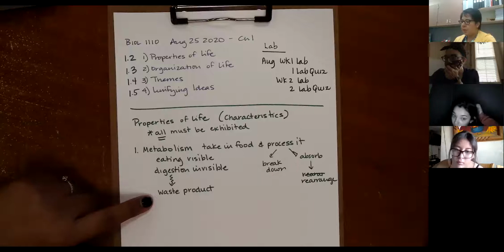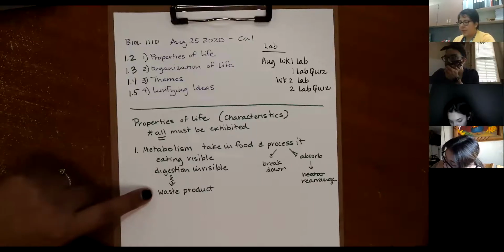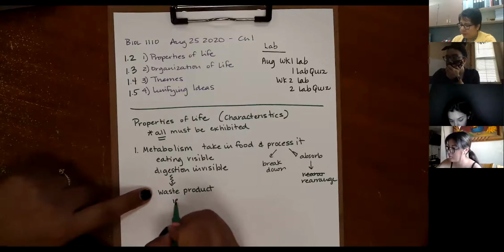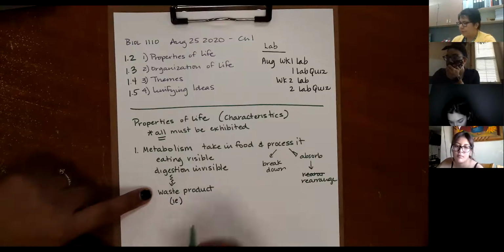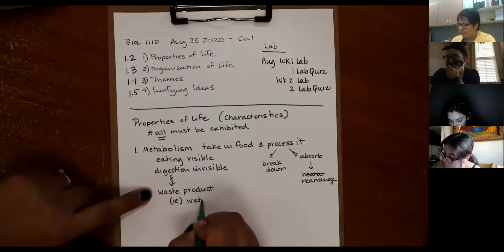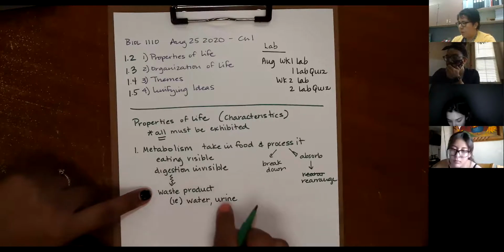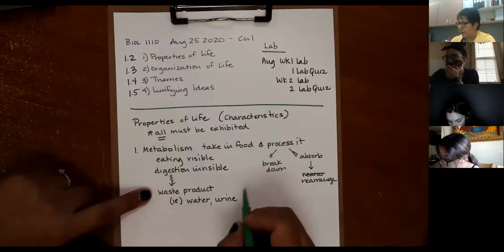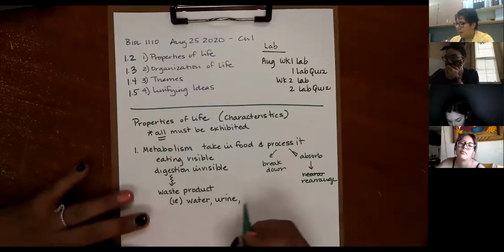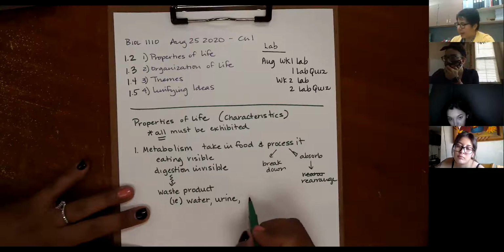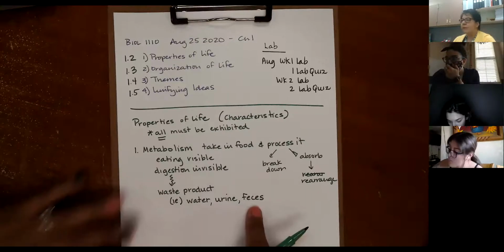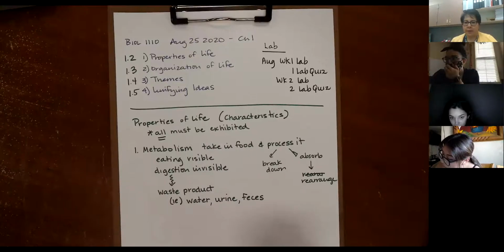And so we can tell that you are digesting because you produce waste products. Some examples of waste products probably won't surprise you. Water. Things like, of course, urine, which is mostly water, but it's got some other stuff in it as well. And in some cases, organic waste matter, or what we call feces, those are obvious waste products.